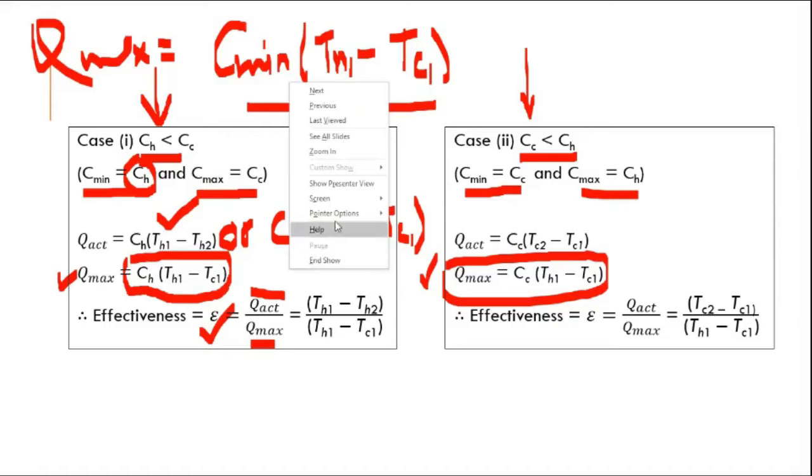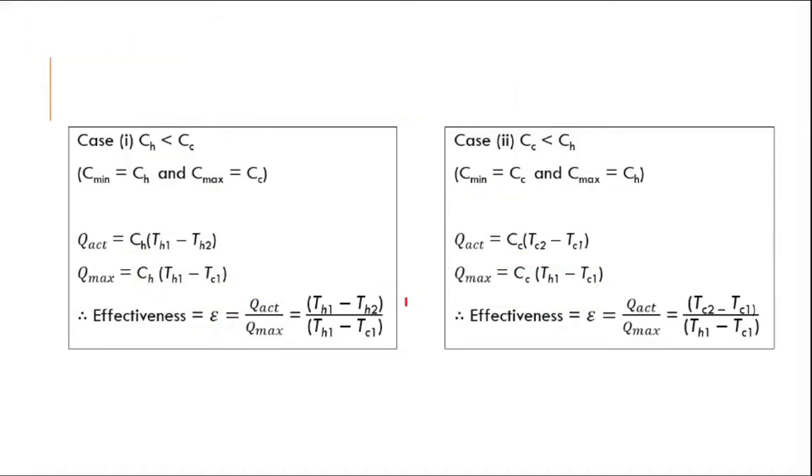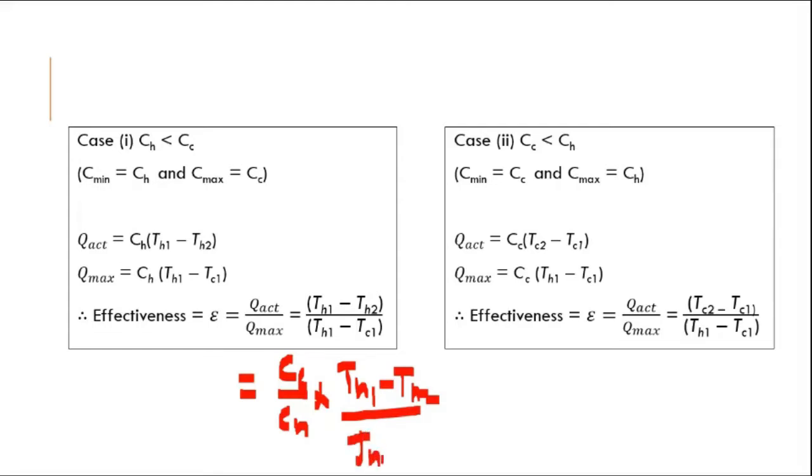Is this part clear for all? Yes, sir. Okay. Same relation could also be written as CC divided by CH multiplied by TH1 minus TH2 divided by TH1 minus TC1. This is also correct. This relation is also going to give you the same value of effectiveness because this is also Q actual by Q max for the same case.